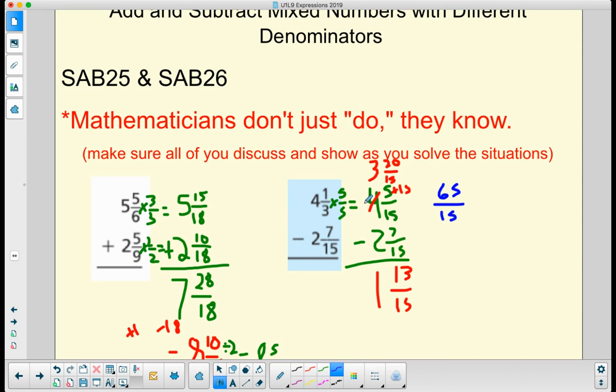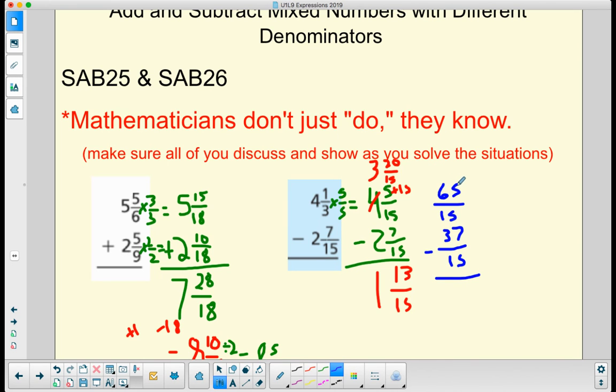Why that works is because 4 wholes, every 15 15ths makes 1 whole, so I have 4 groups of 15 15ths. 4 times 15, which is 60, plus the 5 more I had, 65. To change 2 and 7 15ths to 15ths, 2 multiplied by 15 would be 30 15ths, plus 7 are 37 15ths. The reason some people like to do it this way is they do not have to do any ungrouping.